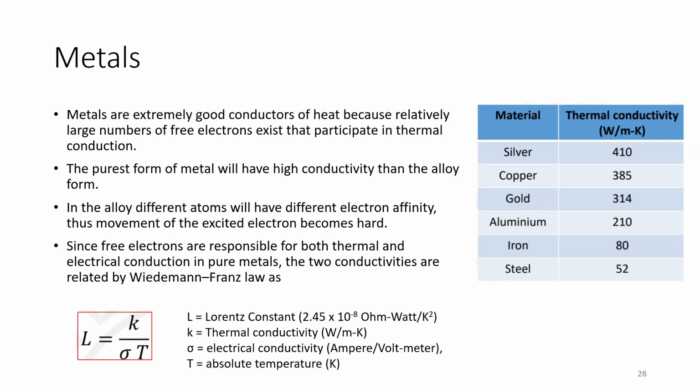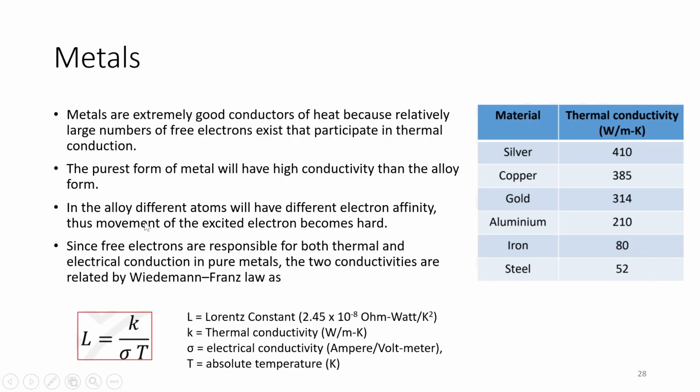Metals are extremely good conductors of heat because of the relatively large number of free electrons that participate in thermal conduction. The purest form of metal will have high heat conductivity compared to alloy form, and in the alloy different atoms will have different electron affinity.